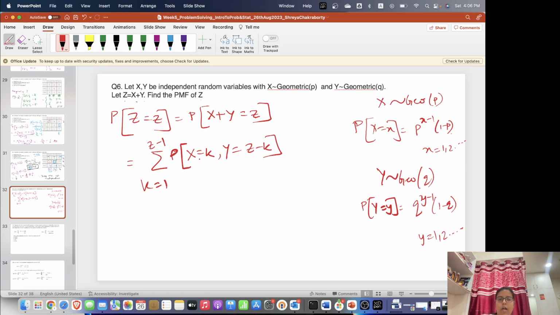Now this thing we can write as, this is comma, or equivalently we can write it as intersection. So now these are independent random variables x and y.